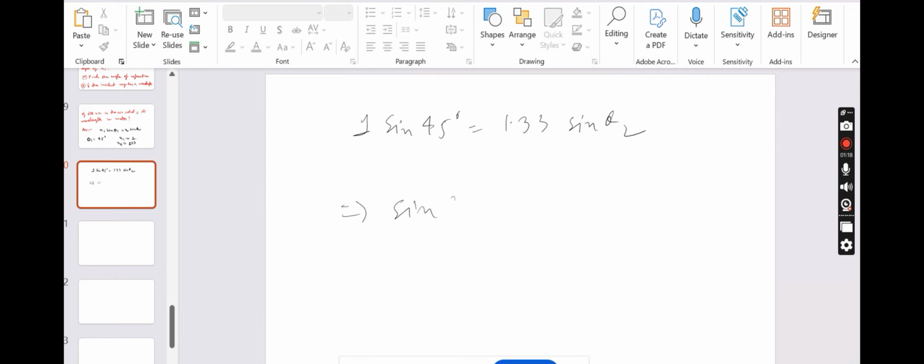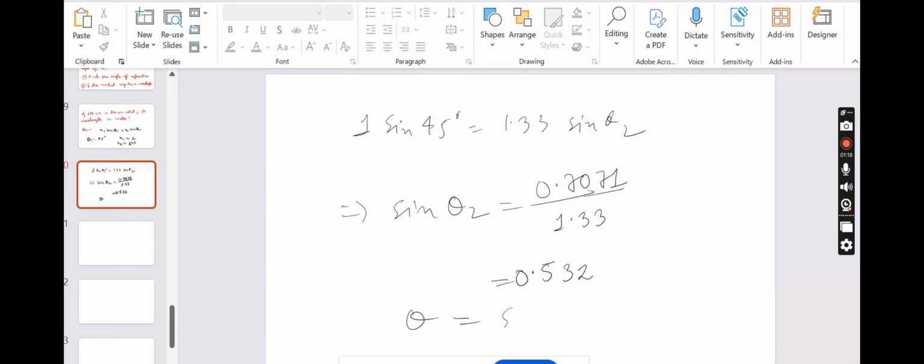So sin theta 2 would be 0.7071 divided by 1.33, which is 0.532.